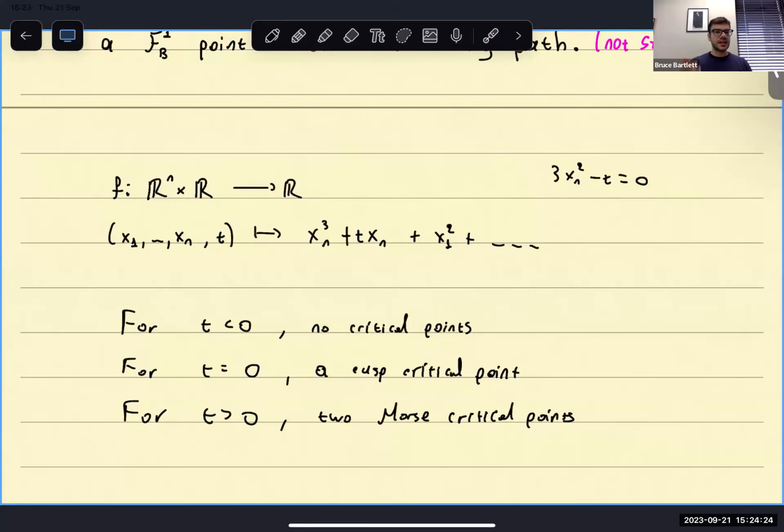I could have a plus t here, so that would be running this path backwards, and there you would start with two critical points, and the cusp would kill them. So that's where the birth-death comes into play.